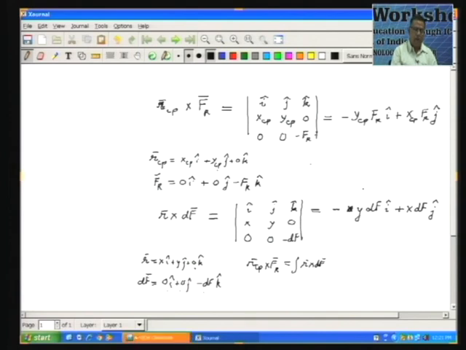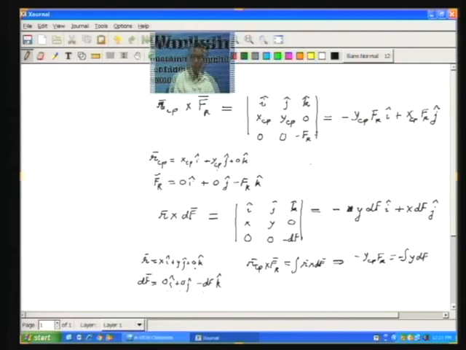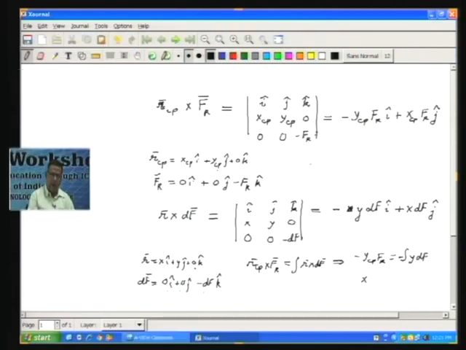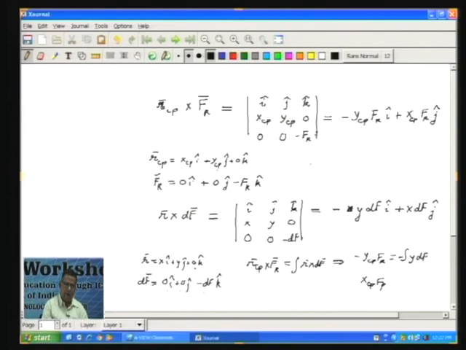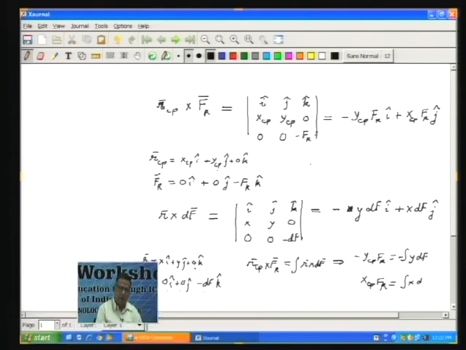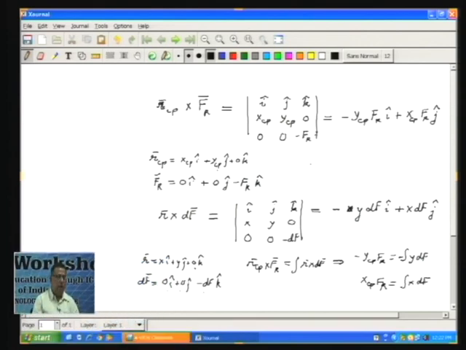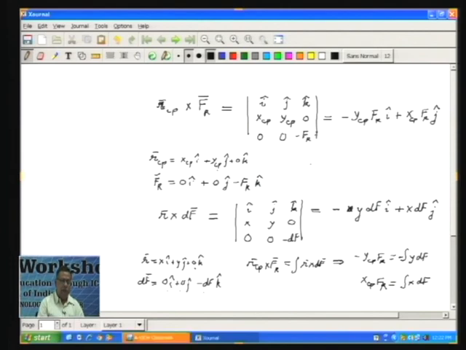So, if you equate the i component, you are going to have minus y_cp F_r is minus integral of y dF, and if you equate the j component, you are going to have x_cp into F_r is equal to integral of x into dF. So, in the first equation you have minus sign on the left hand side, minus sign on the right hand side.